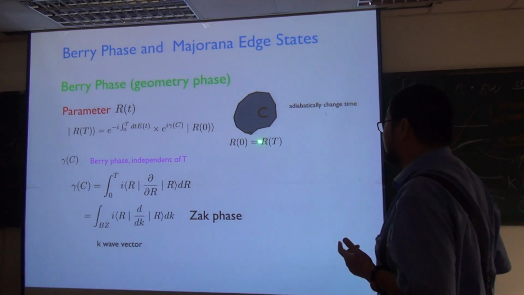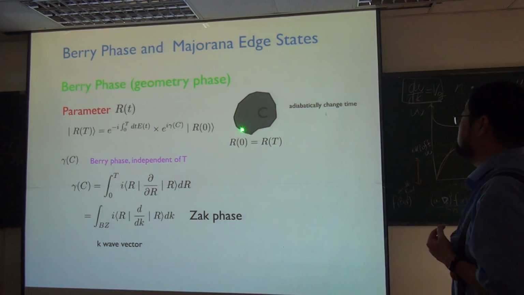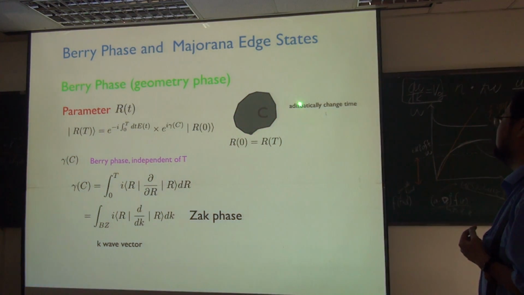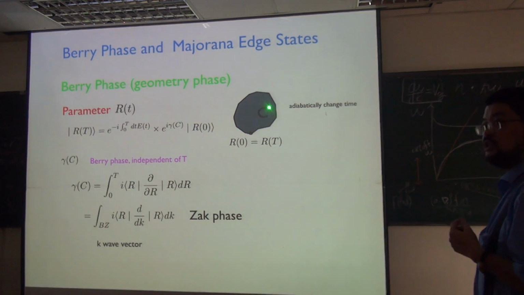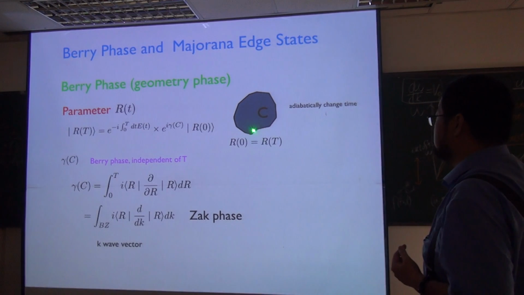First of all, the Berry phase is independent of the path of this circle. If your circle is different, but you don't change the singularity inside, then the Berry phase won't be changed.